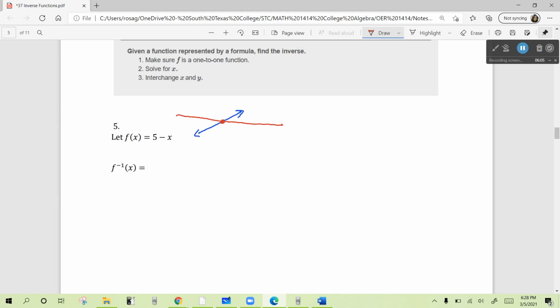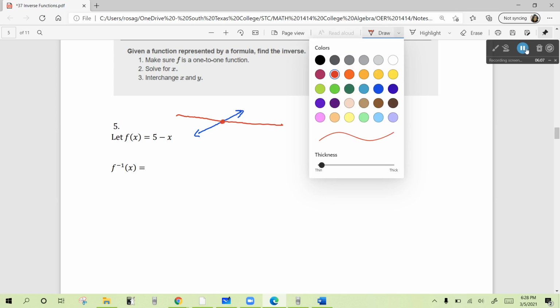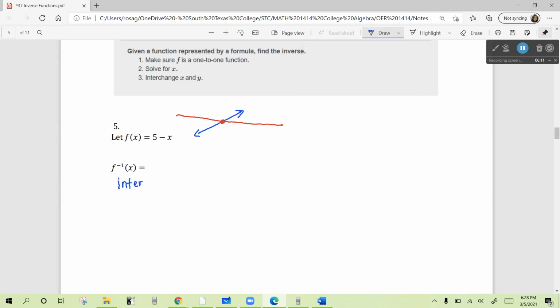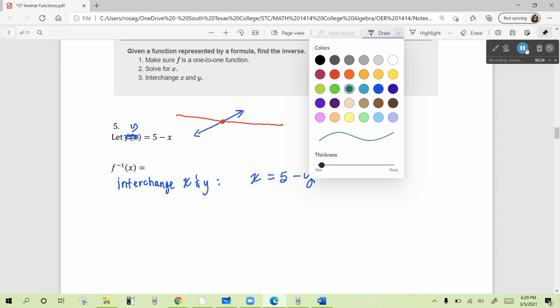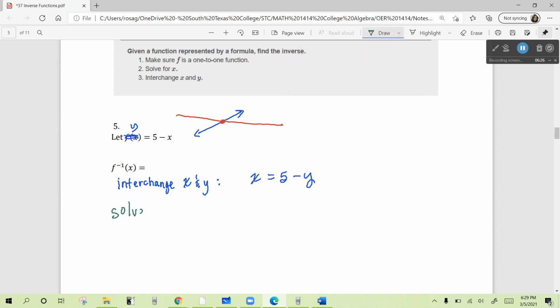And then what you're going to do is interchange the x's and the y's. This is like a y. So it would be x equals 5 minus y. We interchange them. And then you're going to solve for your new y.